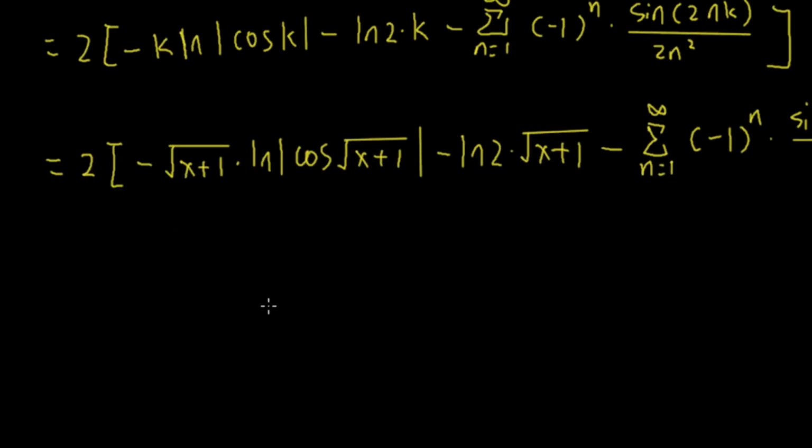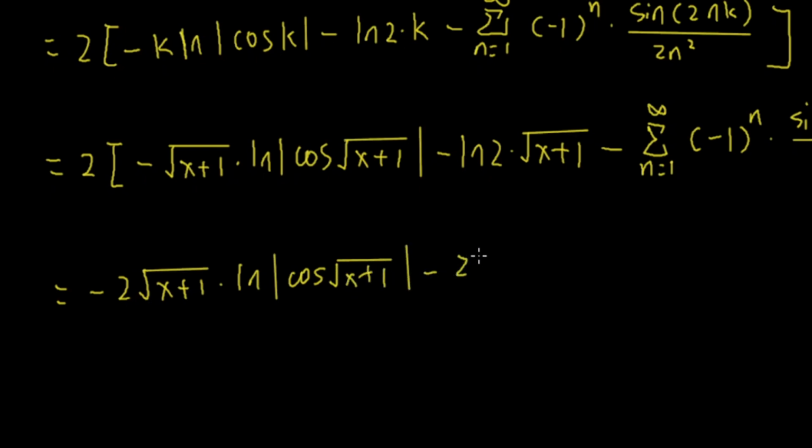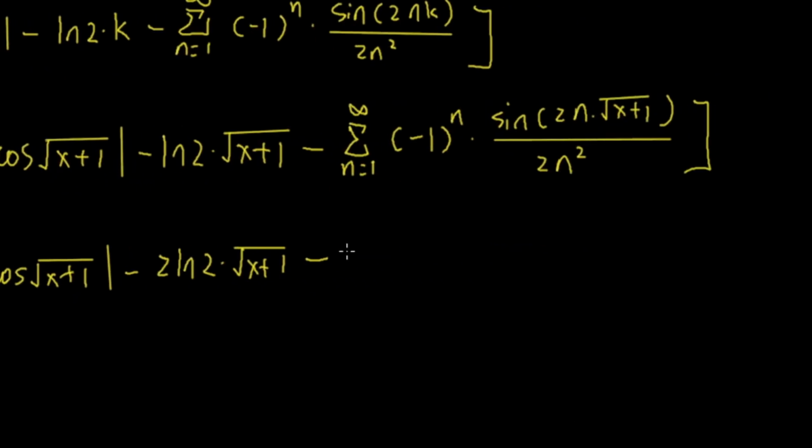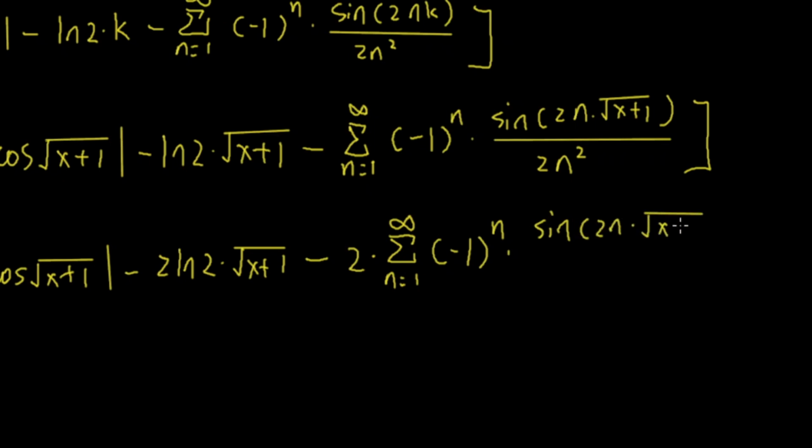Okay, so that would be negative 2 times square root of x plus 1 times ln of cosine of square root of x plus 1 minus 2 ln 2 times square root of x plus 1 minus, now 2 times this sum, so 2 times the sum from n equals 1 to infinity, negative 1 to the power of n times sine 2n times square root of x plus 1 all over 2n squared.